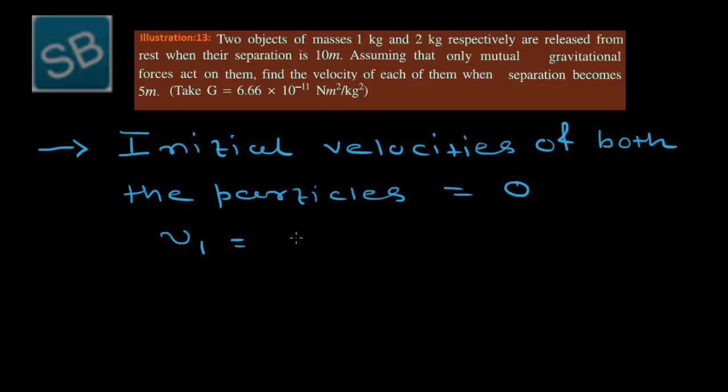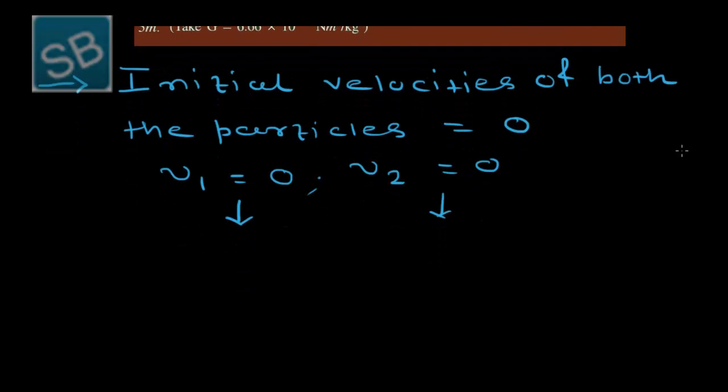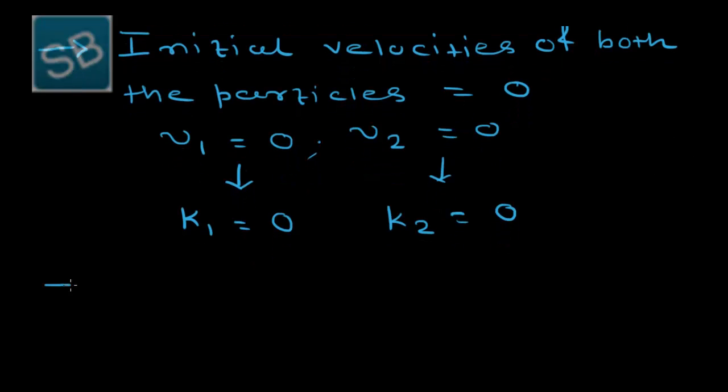So the velocity of the first particle is 0, the velocity of the second particle is 0. Due to this, the kinetic energy K1 of the first particle is 0 and the kinetic energy of the second particle is also 0.